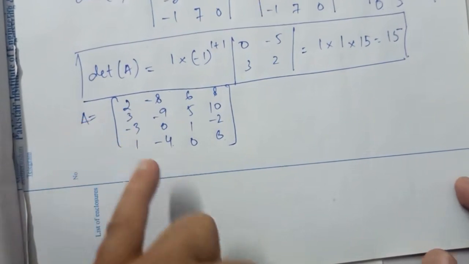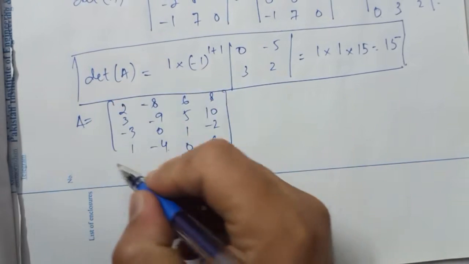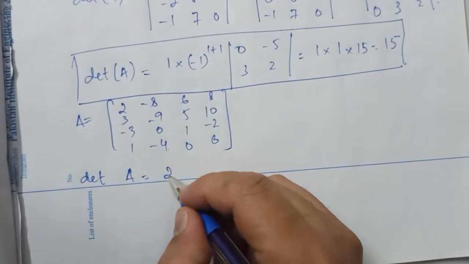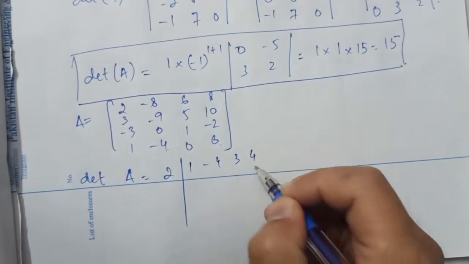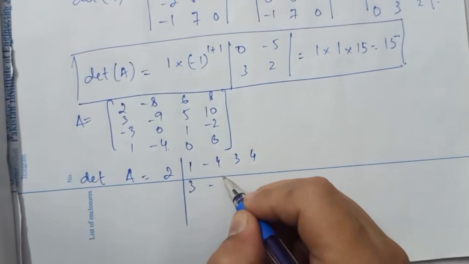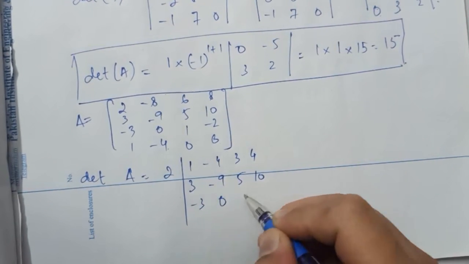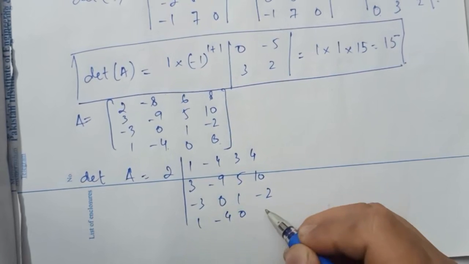So if I do that, determinant of A is equal to 2 times 1, minus 4, 3, 4, and 3, minus 9, 5, and 10, minus 3, 0, 1, minus 2, and 1, minus 4, 0, and 1.